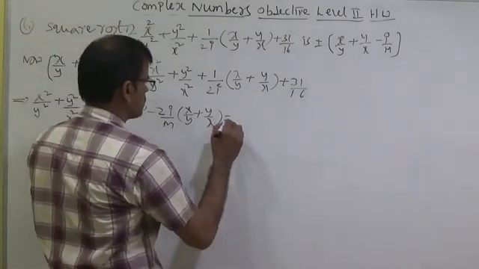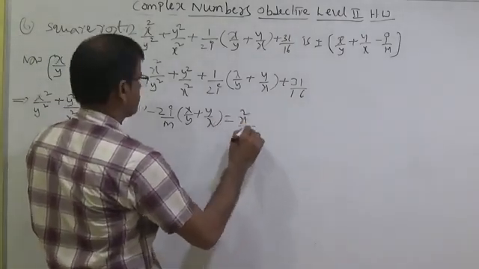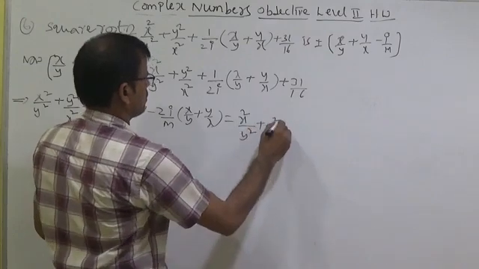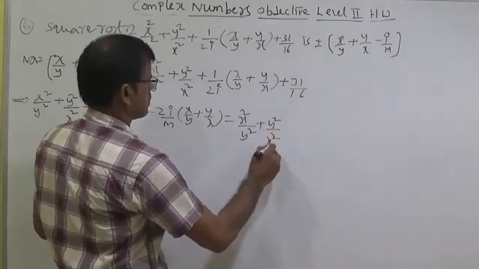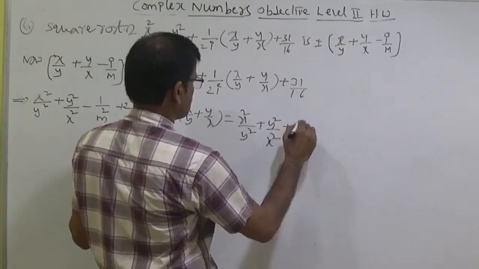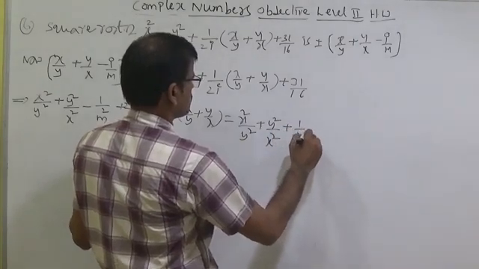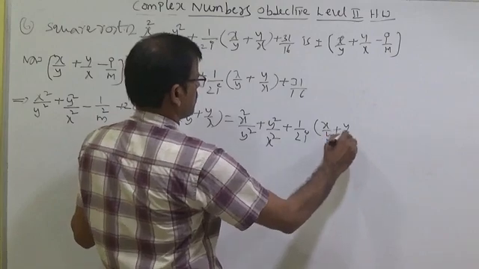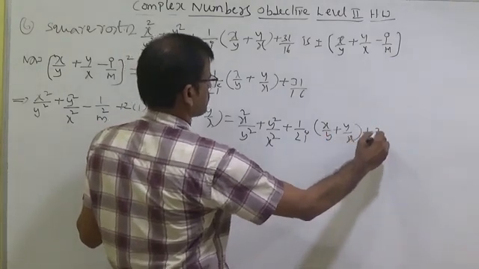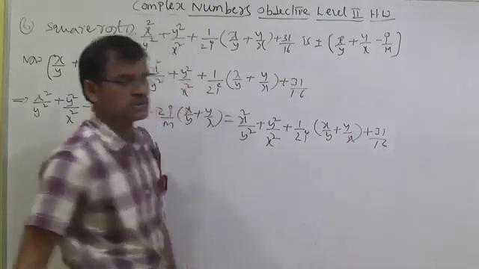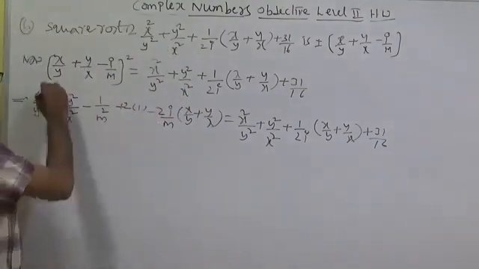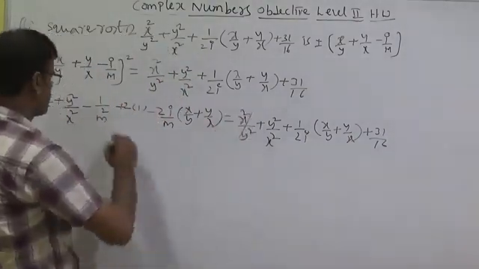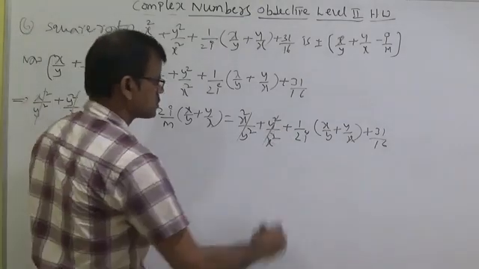That is equal to whatever the value given, write the value: x square by y square plus y square by x square plus 1 by 2i into x by y plus y by x plus 31 by 16. Now the x square by y square term gets cancelled, the y square by x square term also gets cancelled.